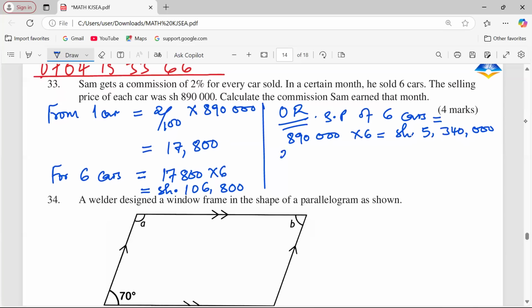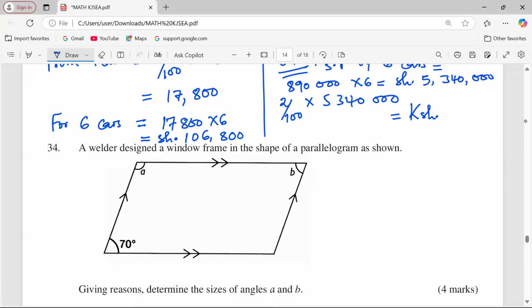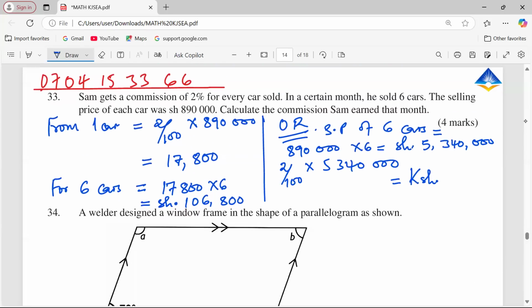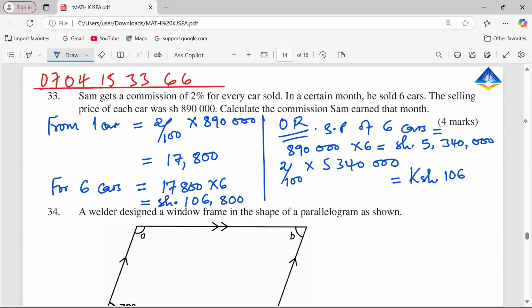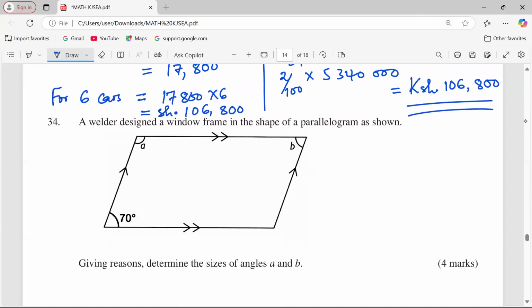Then we are going to get 2% of this. So 2% of 5,340,000, we're going to get 106,800. So the two approaches will take us to the same answer.